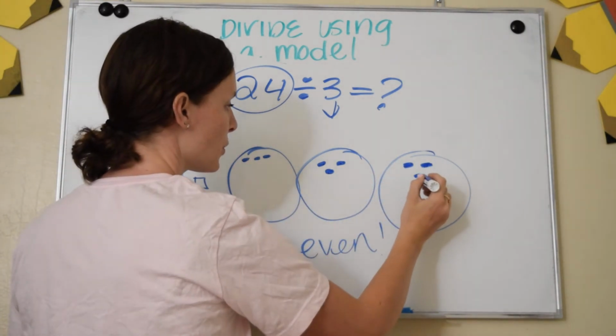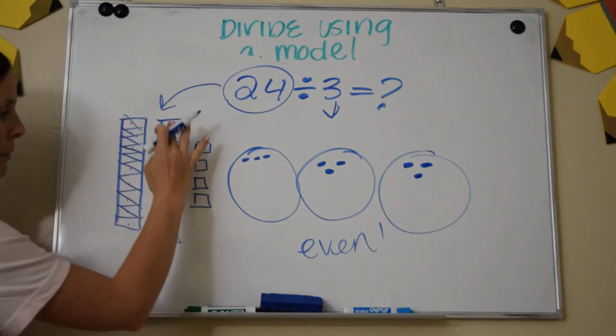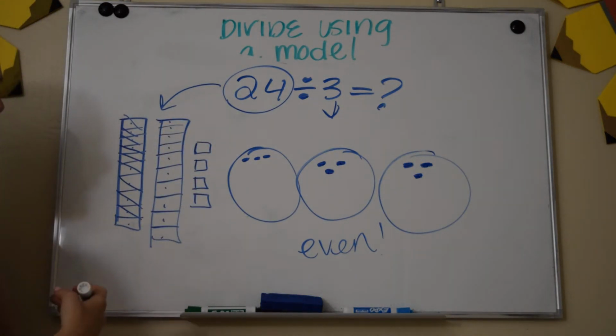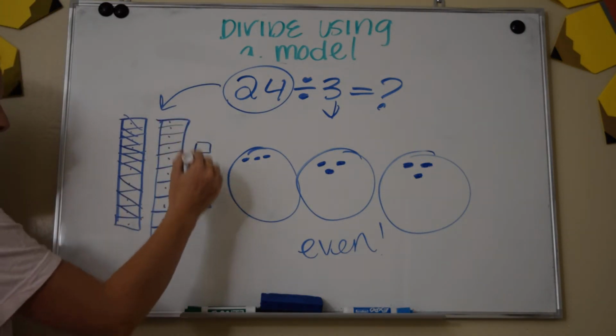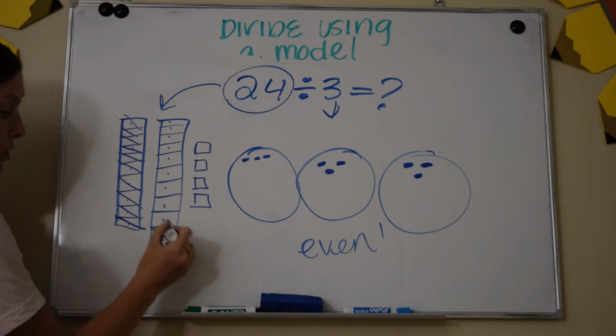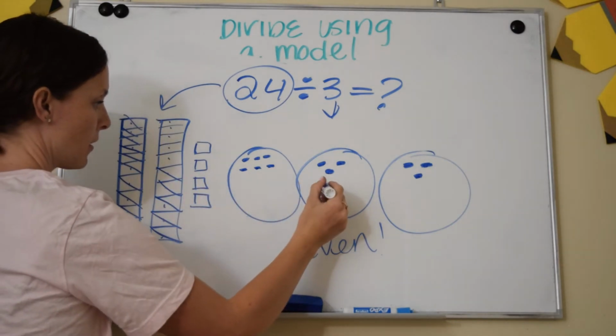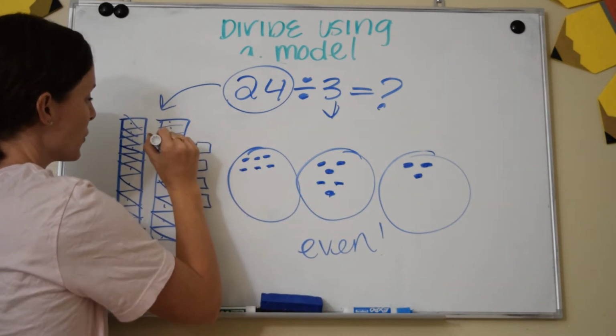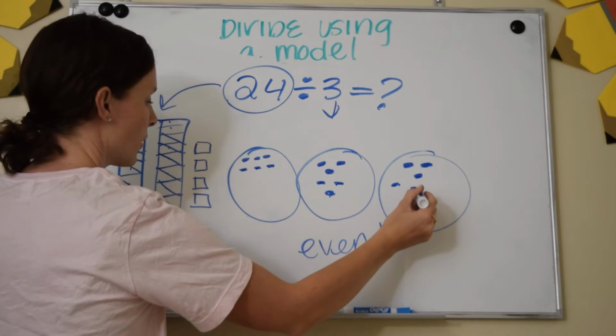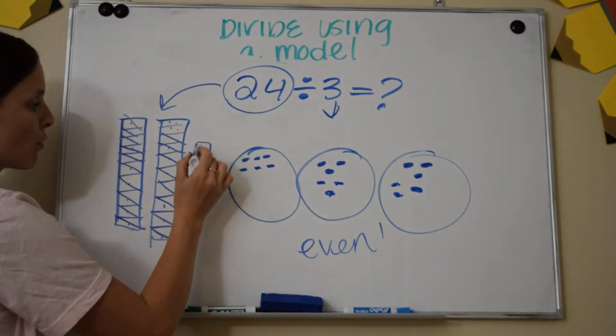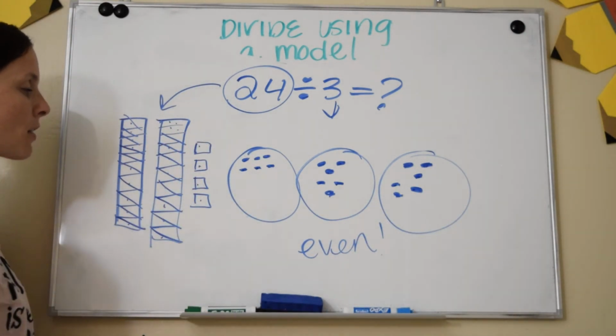Okay, so far so good. I have equal groups, but look at how many blocks I'm left with. I'm going to do 3 again because I do have quite a bit more. So 1, 2, 3. 1, 2, 3. 1, 2, 3. Okay, and now I have 1, 2, 3, 4, 5, 6. I have 6 blocks left.